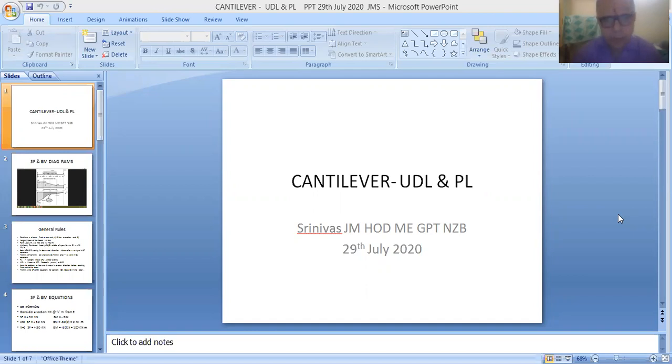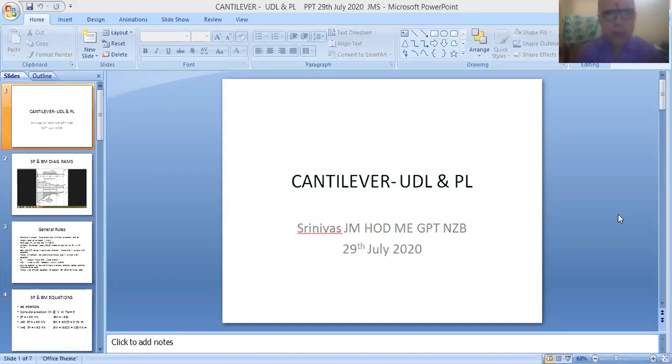So, friends, a cantilever is a beam that is generally fixed at one position and kept free at another position. Any beam which is fixed at one position and free at another position is referred to as a cantilever.